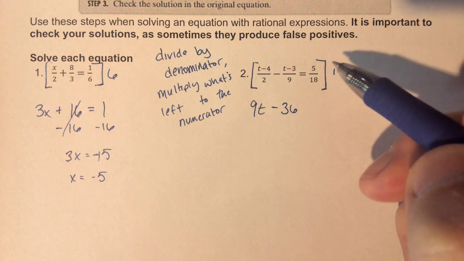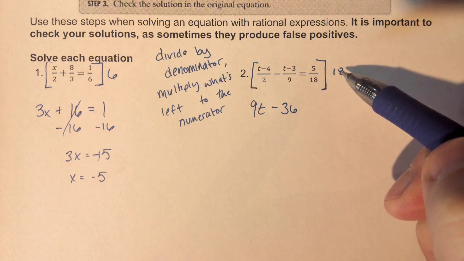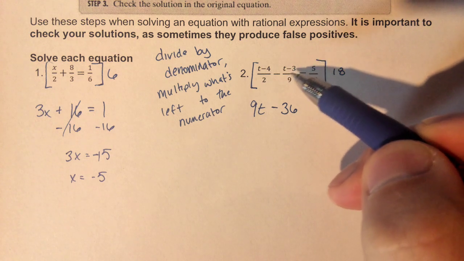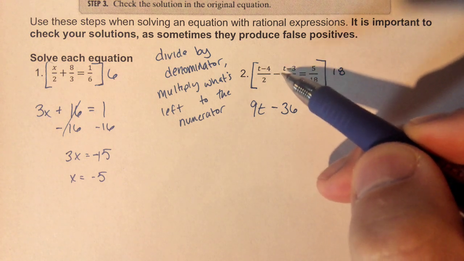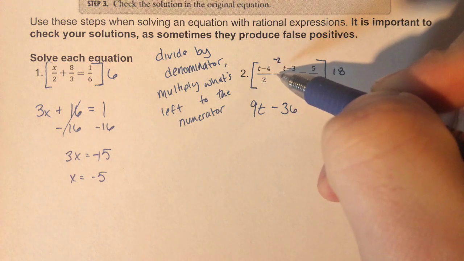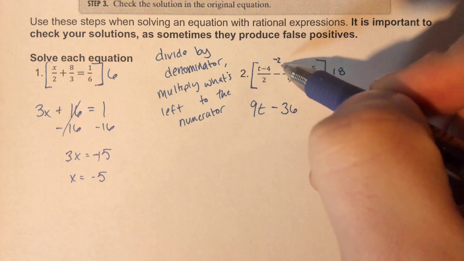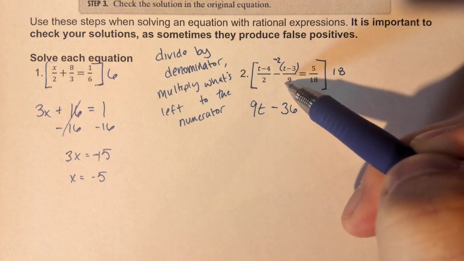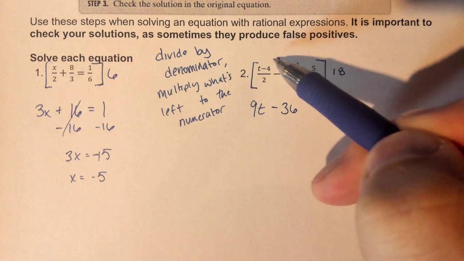This next one, 18 divided by 9 is 2. So I'm going to distribute a 2, but it's not just a 2 because of that negative. I'm going to write this one down just because I need to remember that the negative is going to be a part of that distribution as well. So negative 2, because 18 divided by 9 is 2, that negative needs to be accounted for as well.